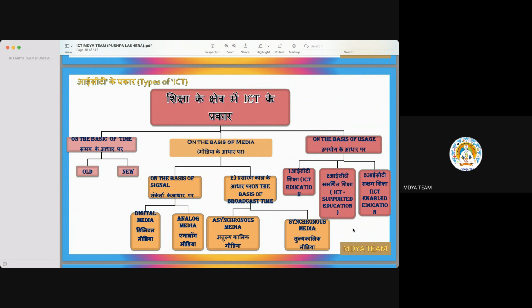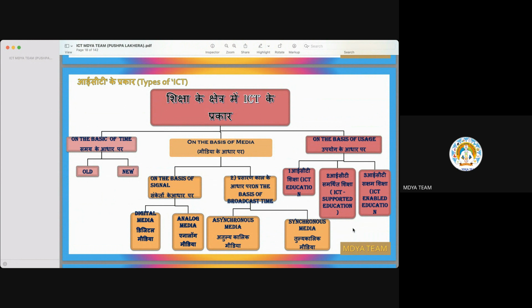We'll see in detail, just note down the types. On the basis of signal, they are again of two types: digital and analog. Analog signals are continuous signals. Digital signals are happening at discrete time, having the same distance, the same period of time. They are not continuous, they are discrete signals. On the basis of broadcast time, they are asynchronous and synchronous.